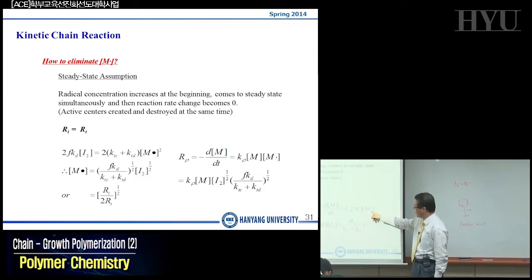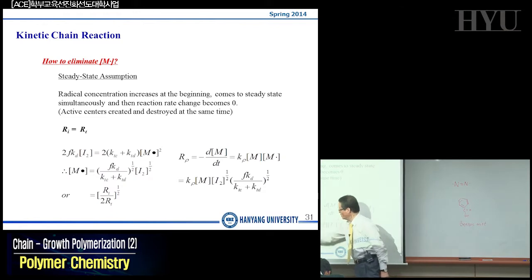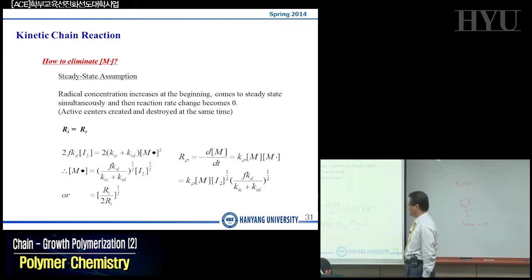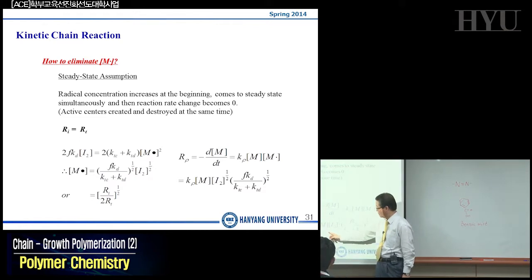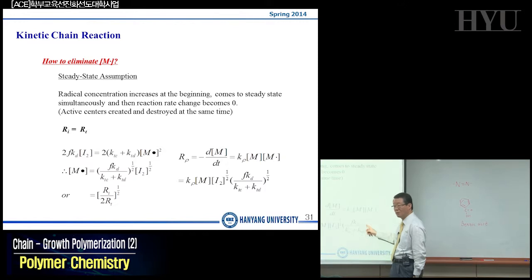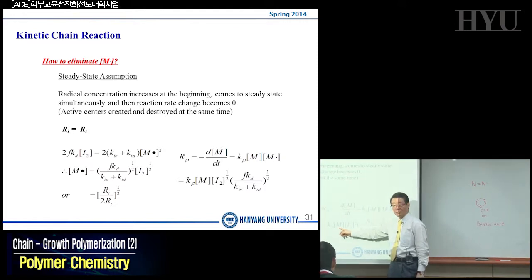So if you replace M dot with this expression, you can rewrite it with this equation. So the rate of polymerization is determined by Kp with some constants, times M, which is the monomer concentration, and the initiator concentration to the half power.